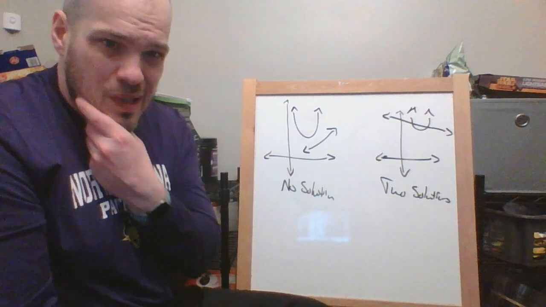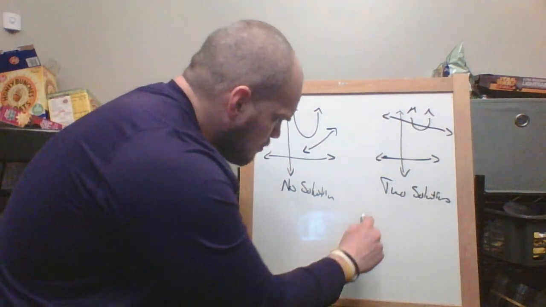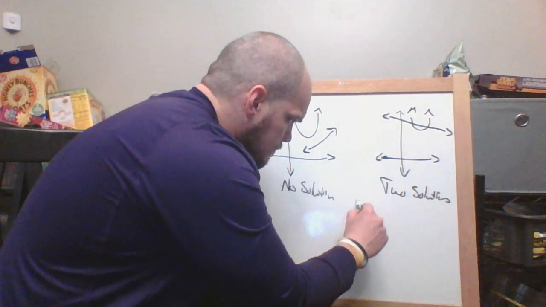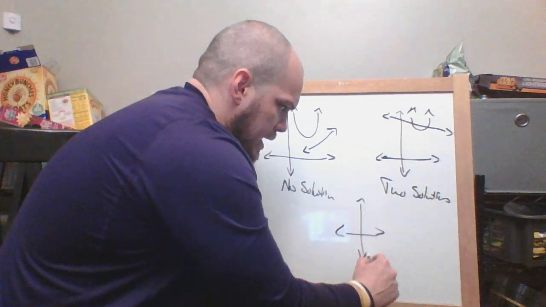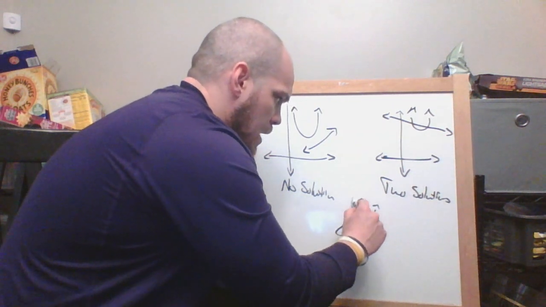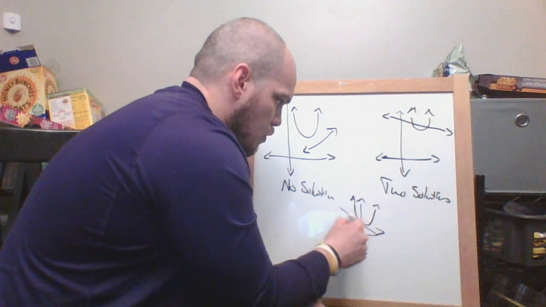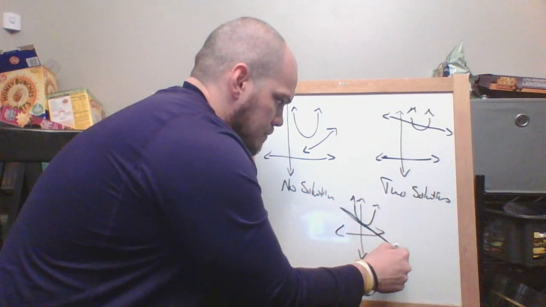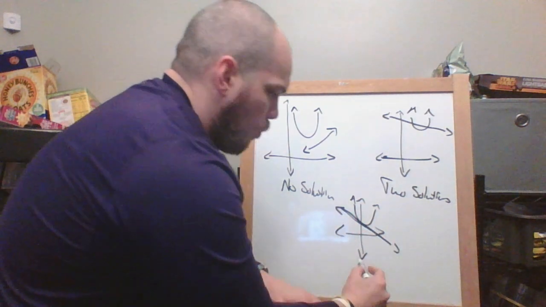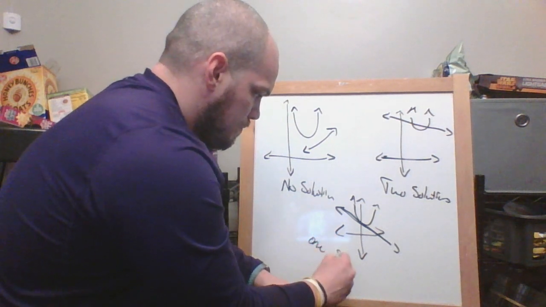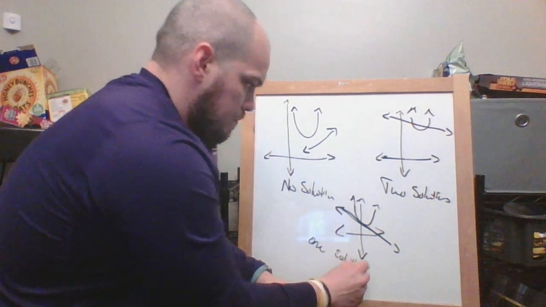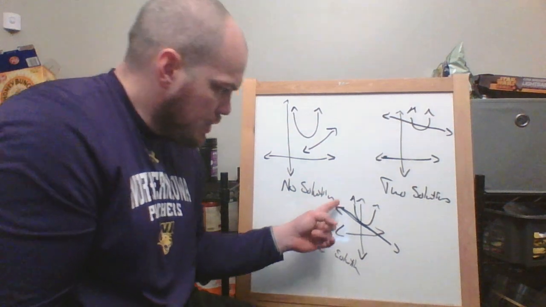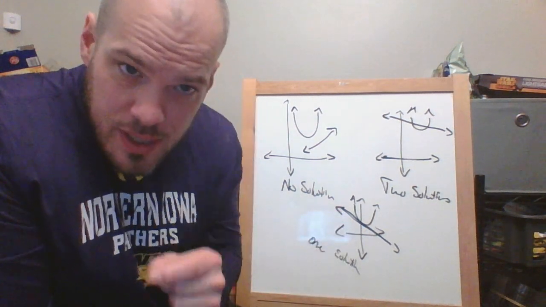Now, the last one is the one that's a little harder to see. We have our coordinate plane. We have our parabola. Sorry, not super easy to write this. And we have one solution. When we have one solution, this line just touches the parabola.